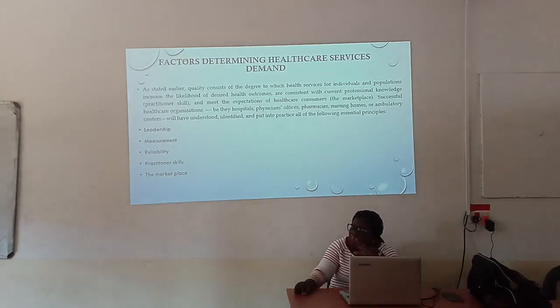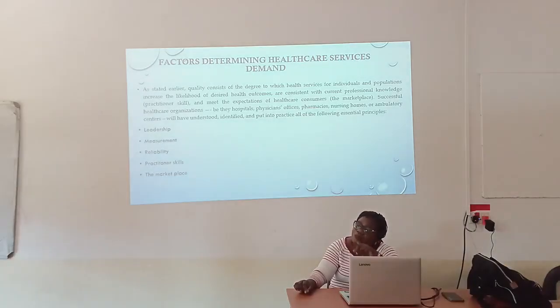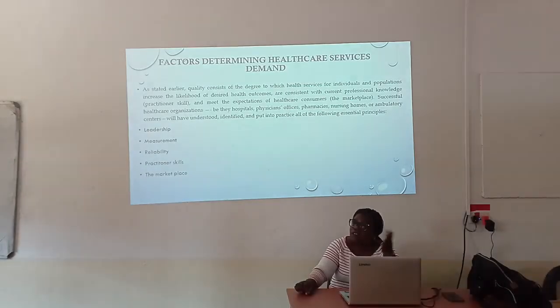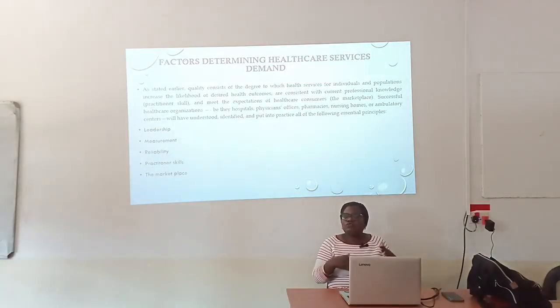If you don't have an ID, they ask you to wait and sign so they can see that the signature in the system matches the name you are giving, right? They have a system of ensuring that at least there isn't fraud in an account. So this measurement is in regards to the policies and procedures within a hospital in regards to patient treatment, right? When a patient comes, what do we do?